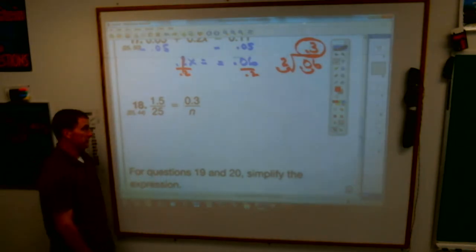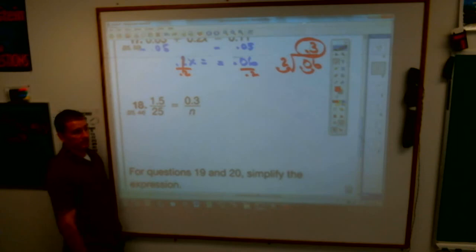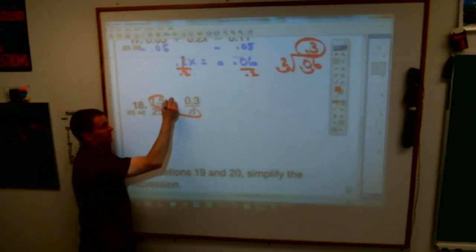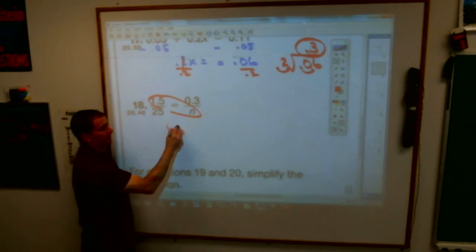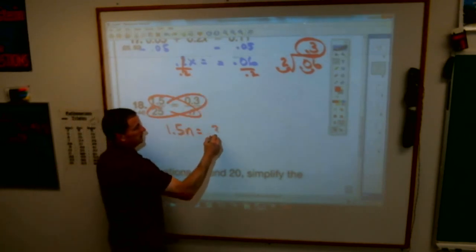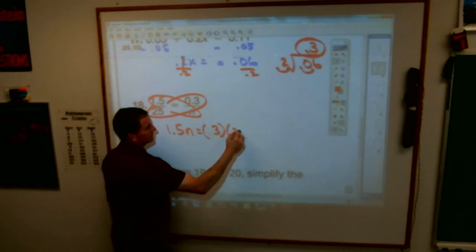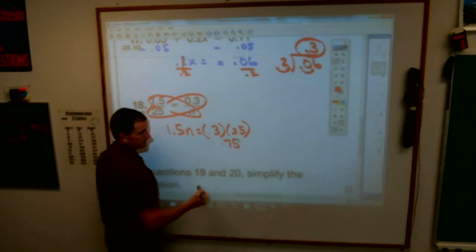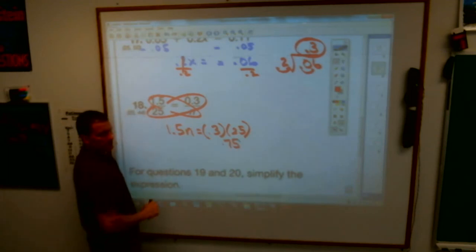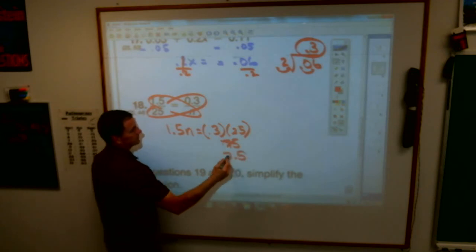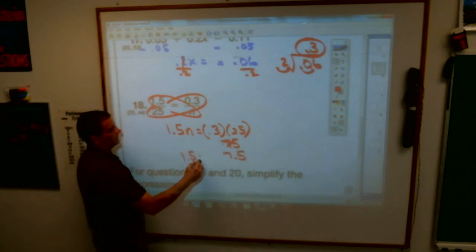This one here, there's a bunch of different ways to do it. Probably the easiest one is just to use cross products. Multiply this times this, 1.5 times n, and that has to equal 0.3 times 25, which is 7.5. 1.5n equals that.